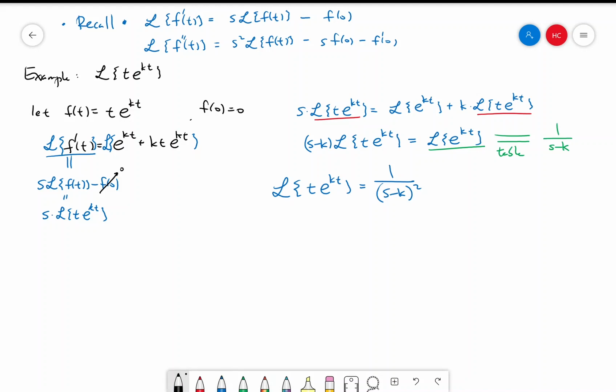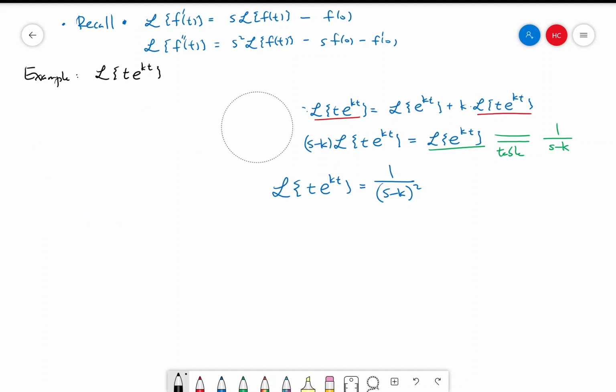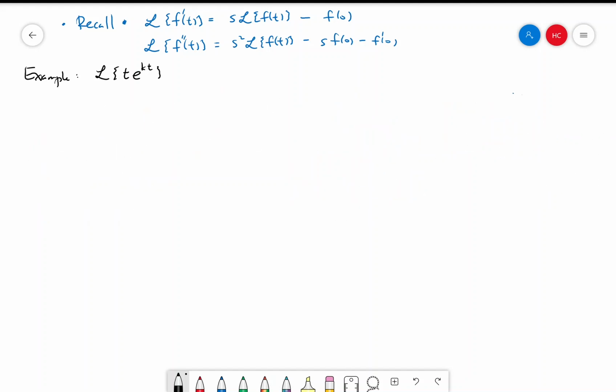All right, so let's do a different example. Let me erase most of this part. We're still going to need the theorem, so I'm going to keep this part. Suppose we want to find the Laplace transform of t times sine of kt. It's the same way.